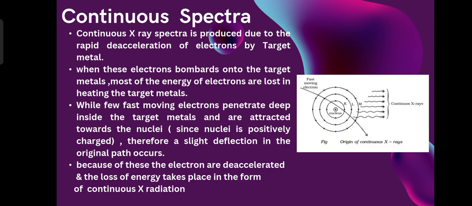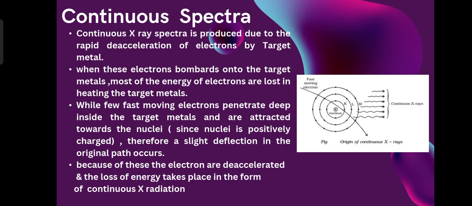So how does it happen? Let's see. When these electrons which are generated by the cathode, that is the tungsten filament, get attracted towards the anode, these electrons are moving with a high velocity.